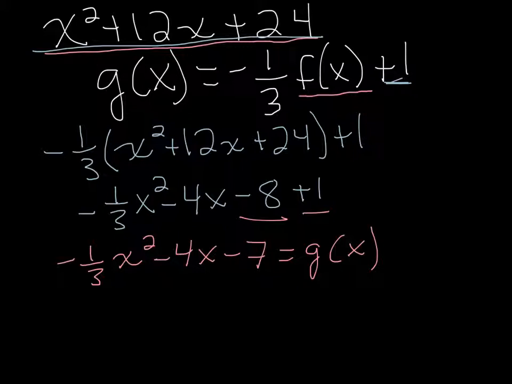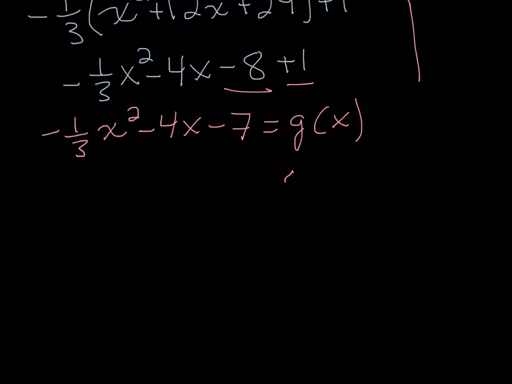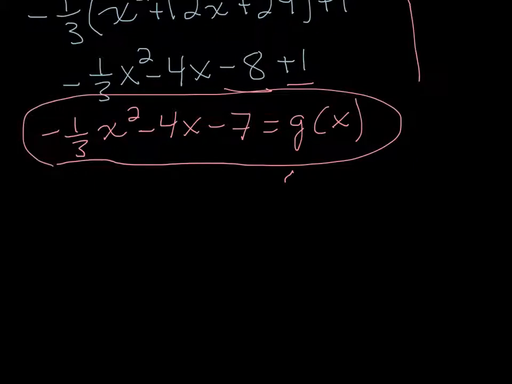Now B says describe the transformations. So when I look at this new function I made right here, what's different about it from my original function? Well, there's a negative sign here, so what's going to happen is a flip or reflection about the x-axis.